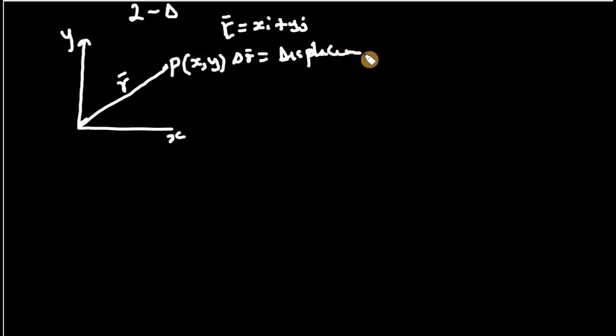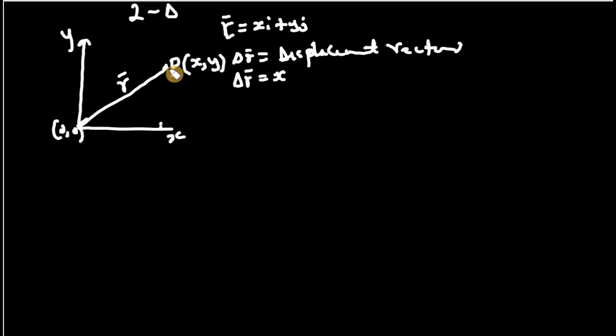In this case now, at this point, we have the coordinates of x and y to be 0, 0, and we don't know this. So let's say we don't know these coordinates. So the change in the position vector, which is the displacement vector, will be the final position minus the initial position.